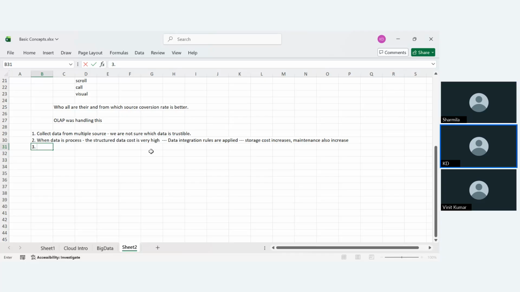So in the same way, when your data is in original form, like it is in CSV form, or video form, or let's say XML form, wherever it is in original form, you don't care what is there in that data. But as soon as the data has become ready to use, at that point of time, you need to ensure that data is integrated with the solution.